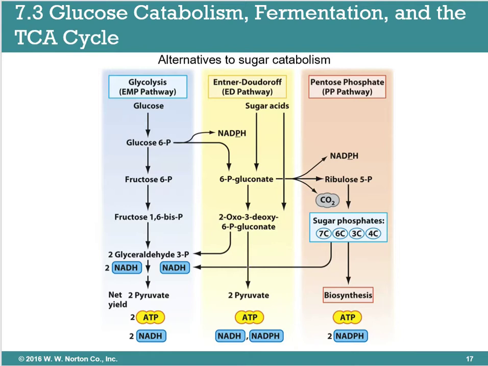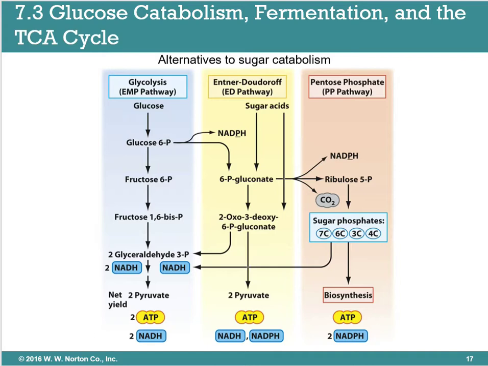But you will almost always yield some number of ATP and some number of NADHs for the most part. I'm not going to ask you about these different pathways in the concept of what happens. I just want you to know that different species use different pathways, and that them using different pathways is determined by their specific need. That's really all I want you to know in terms of that.